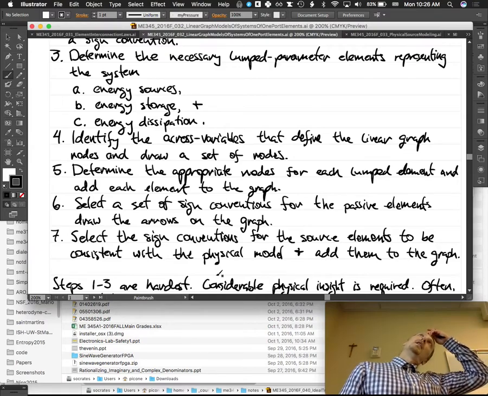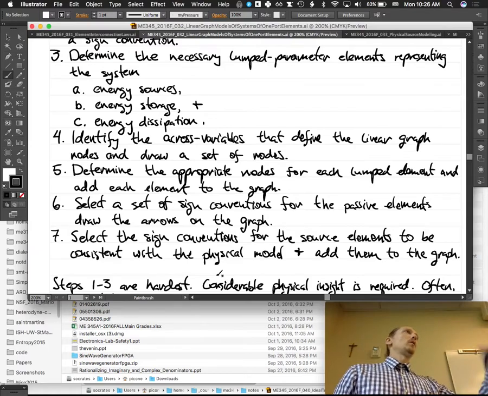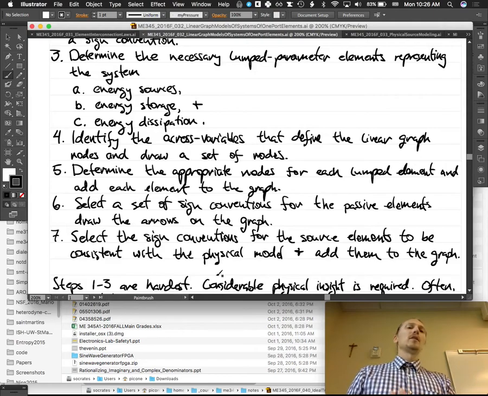So we use a sign convention for the engineering diagram that we drew, and then now we're drawing a linear graph, and we're going to use the same sign convention as we used to draw the physical system. If you didn't use a sign convention when you drew the physical system, now is the time. You gotta decide what your sign convention is going to be.